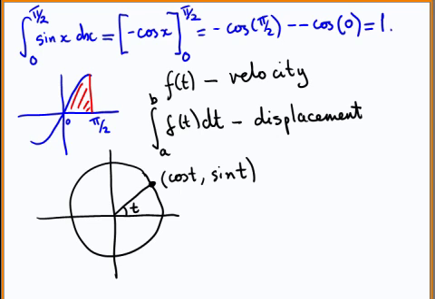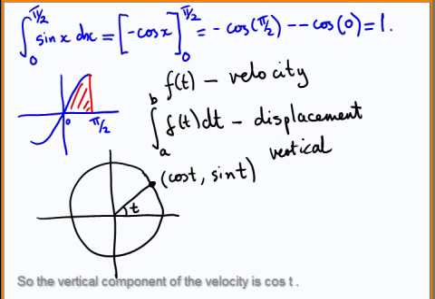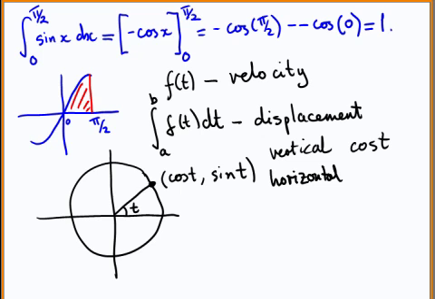So the vertical component would be cos t, and the horizontal component would be minus sine t.